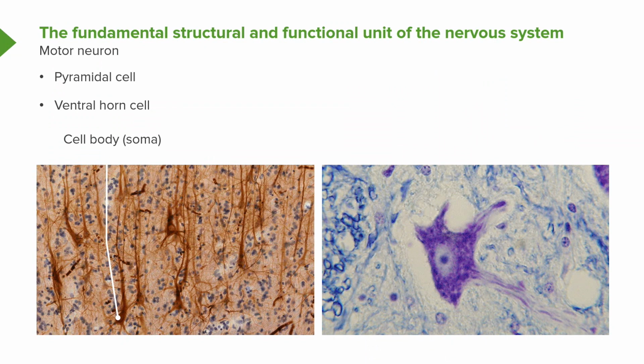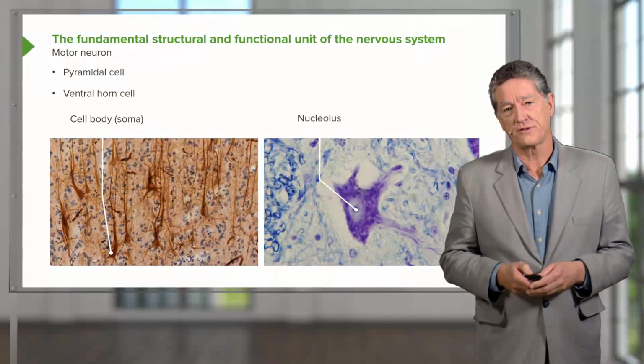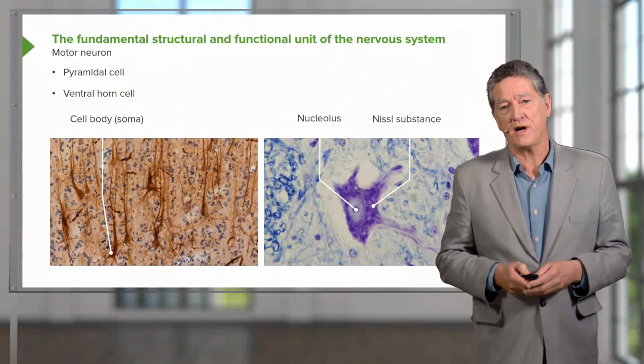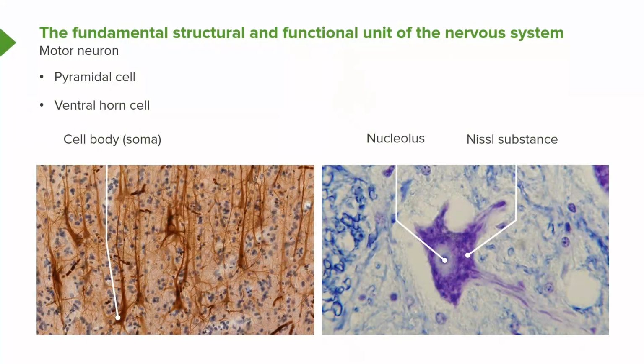If we have a look at this cell body in high magnification, as we can see on the right-hand image, we see details of the cell body in a more recognisable, more stained illustration than you see on the left-hand side, and it's also a higher magnification. Now, this ventral horn cell that you see labelled on the right-hand side has lots and lots of dark stained material in the cell body, in the soma.